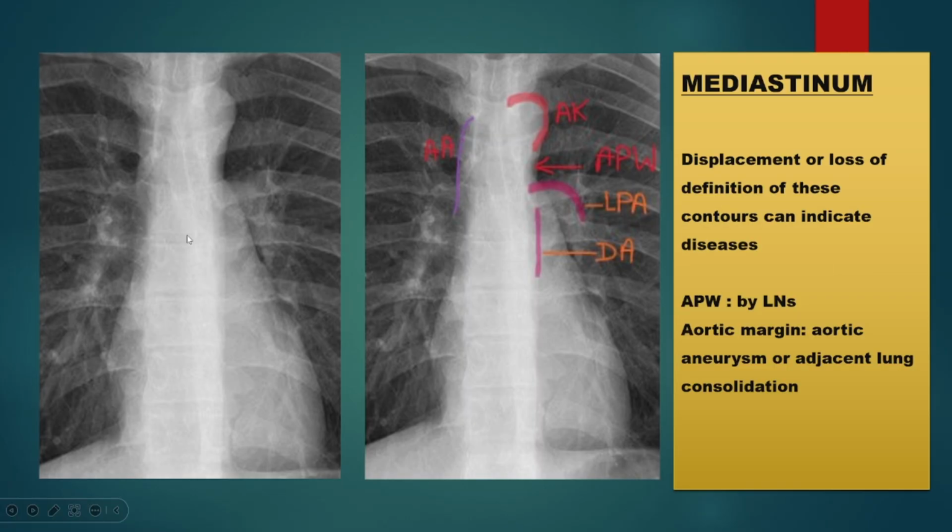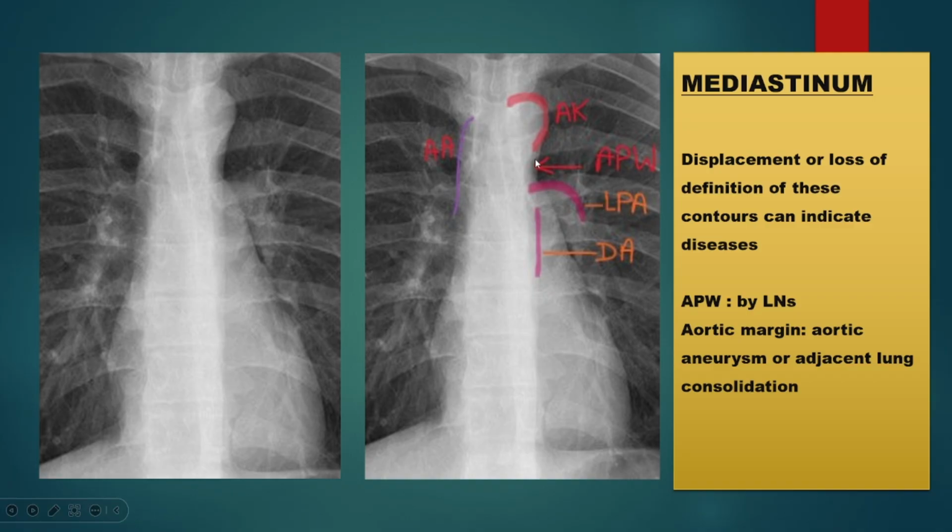Then the mediastinum is the ascending aorta, aortic arch, descending aorta, and then the left pulmonary artery. So ascending aorta, aortic knuckle, between the aortic knuckle and the left pulmonary artery, aortopulmonary window, and descending aorta. These mediastinal contours or margins can be deviated or obscured by various pathologies.